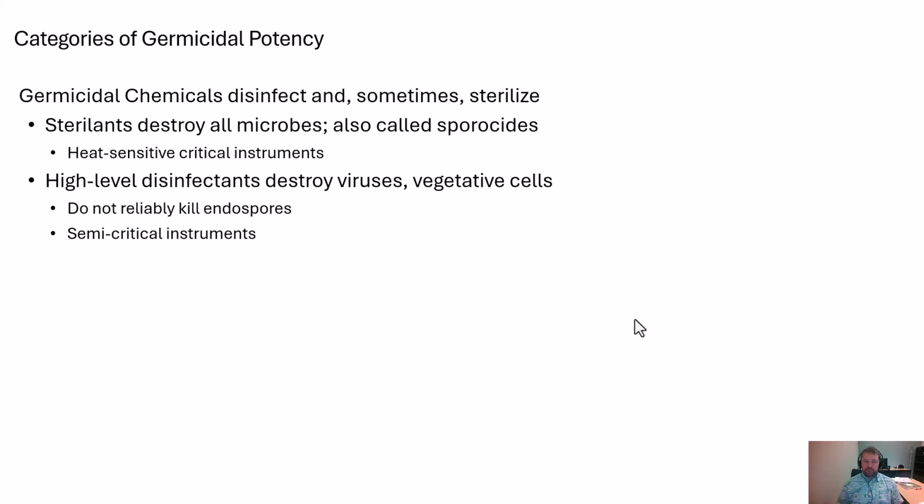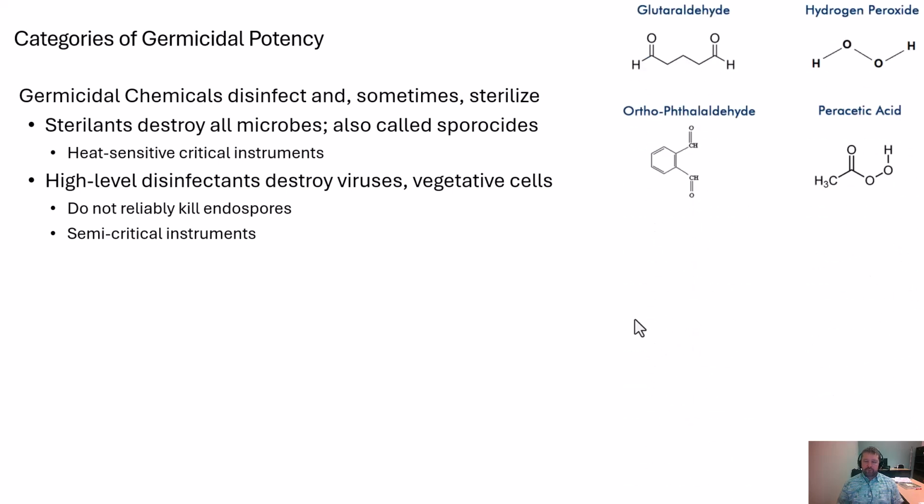Okay, so germicidal chemicals also are obviously used in all kinds of categories. The four main different categories: sterilant, high-level disinfectants. So things like hydrogen peroxide, peracetic acids. These are often considered high-level disinfectants. They can be used on equipment. Sometimes they're used on human, on living tissue.